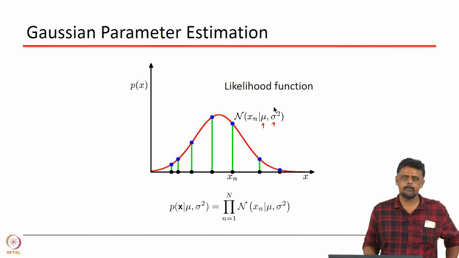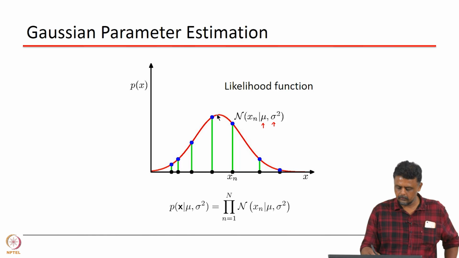So, we want to estimate mu and sigma squared, how do we do this? Recall that this is for a continuous random variable. So, x can take any real value, but usually data is discrete, we only observe specific x.